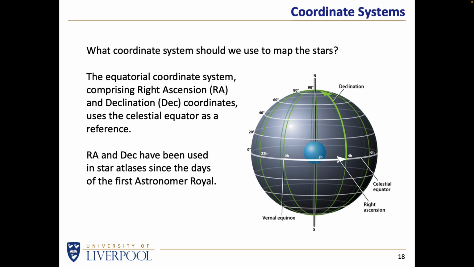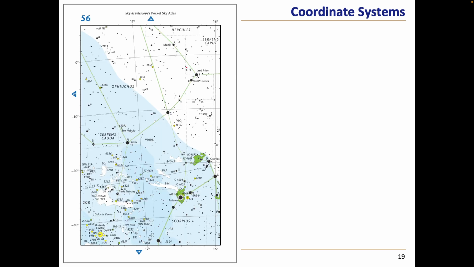So why are these two not good enough? They've been used in star atlases since the first Astronomer Royal came along. So why is it not good enough? Well, right ascension and declination are not good enough for mapping out the stars because they are continuously changing. Second by second, the coordinates are continuously changing.